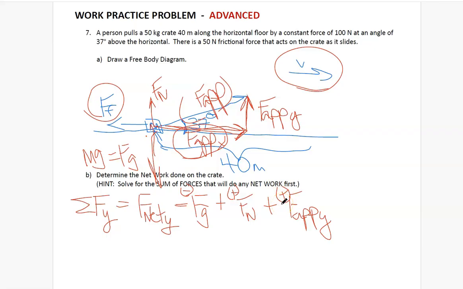And we know that this crate is not magically crashing toward the center of the earth or floating up to the sky. So we know that the vertical forces add up to 0. And in fact, because these are vertical forces, these are perpendicular to the direction that the crate is moving, and therefore they cannot contribute any force to the work. So we don't even have to worry about these forces.